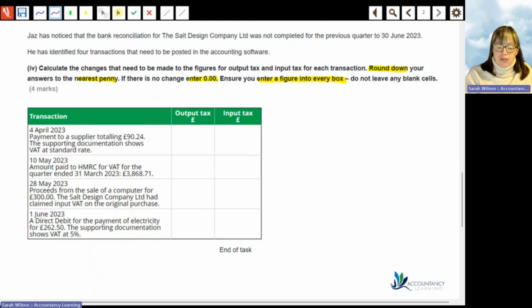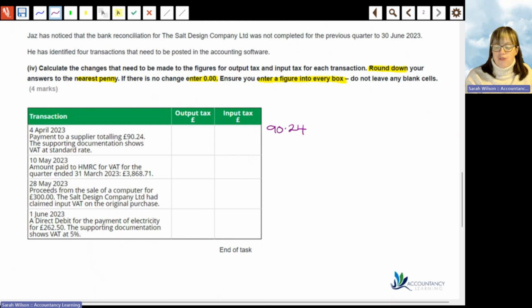So the first one, payment to a supplier totaling £90.24. The supporting documentation shows VAT at a standard rate. So as it's a payment to a supplier, it means we've obviously bought something of some description. So therefore it's going to be input tax that's going to be affected. So £90.24 is our gross amount. That's the amount that's left the bank.